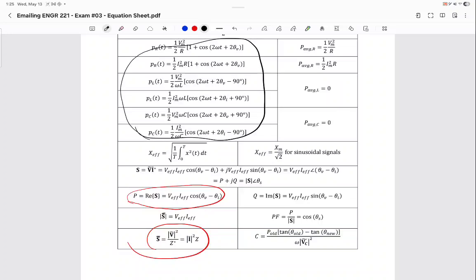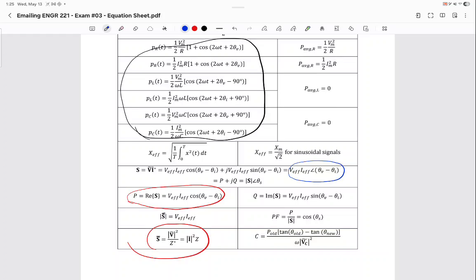Okay, let's focus on these equations for now. This one, right? Do you see that? Let's see if you have everything. I want you to tell me what the values are.